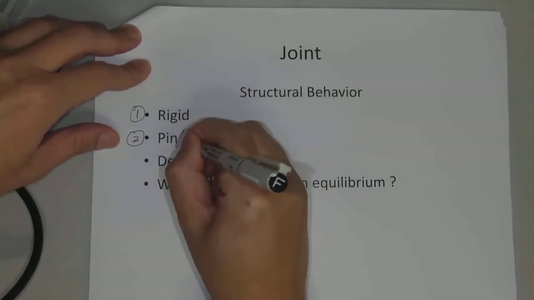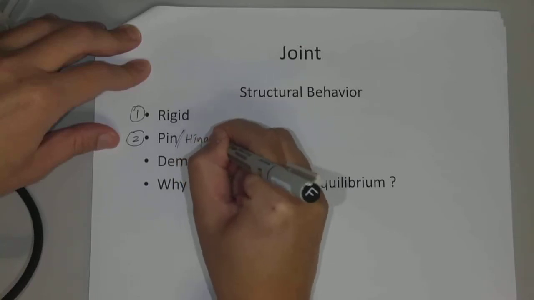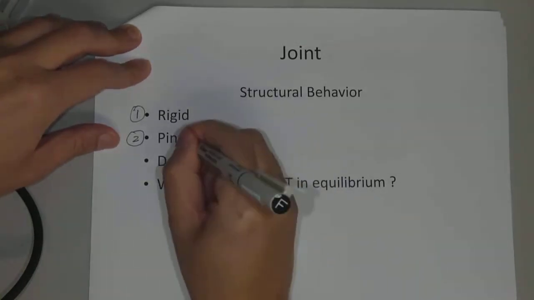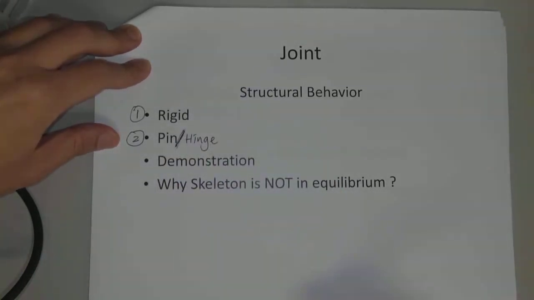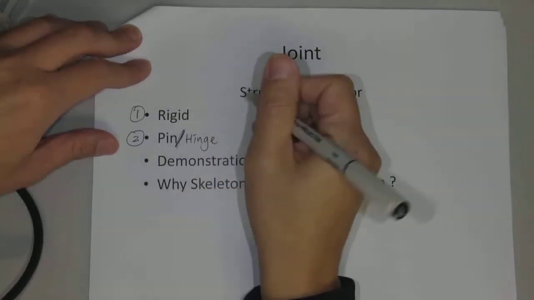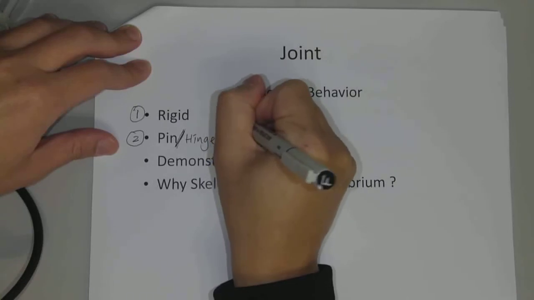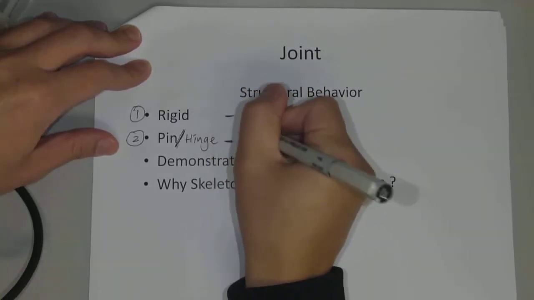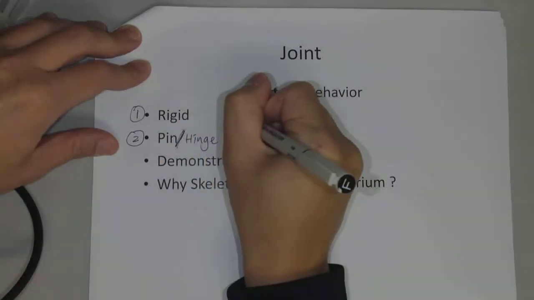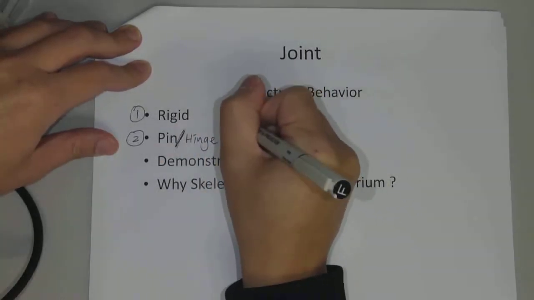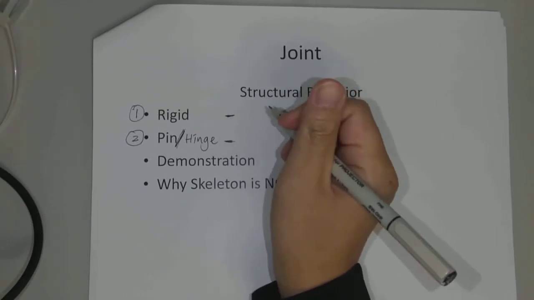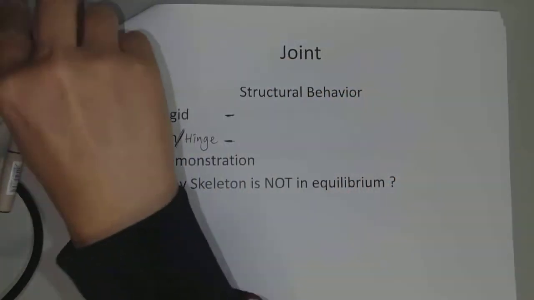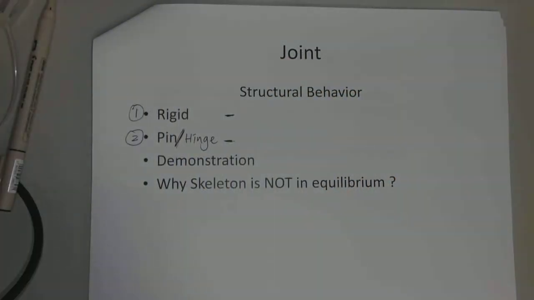Sometimes people would also call it hinge joint or hinge connection. Those two types of connection are not easy to define verbally. So what we're trying to do is to discuss using my little model here.